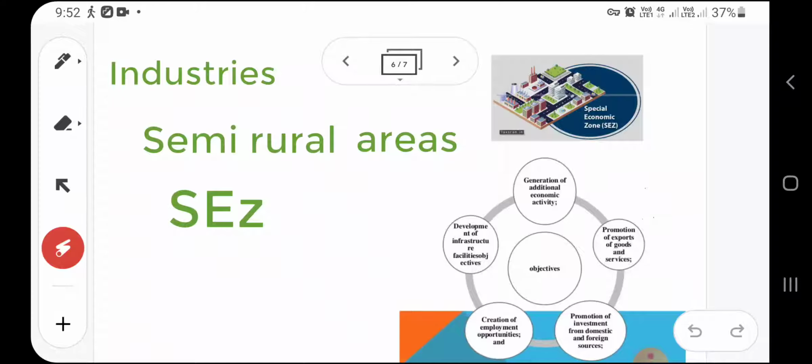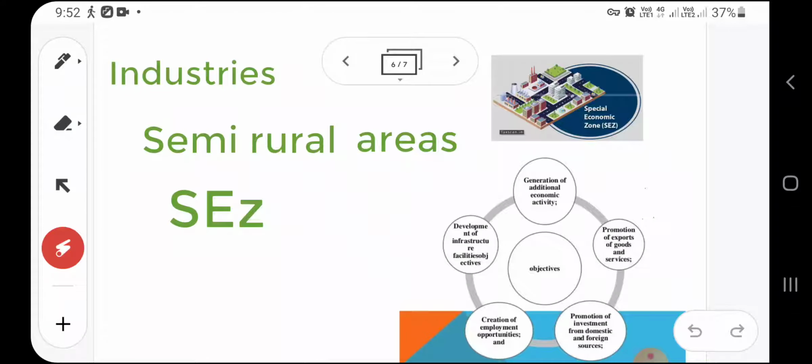The government gives incentives to the industries, because if industries are established in backward areas, they can develop the area and create more employment for the people.